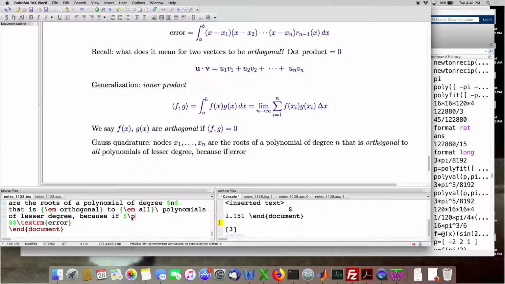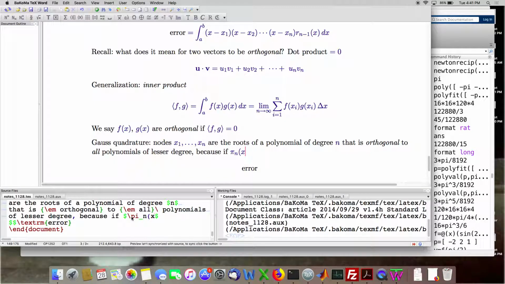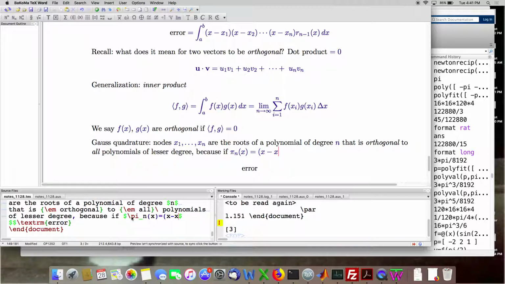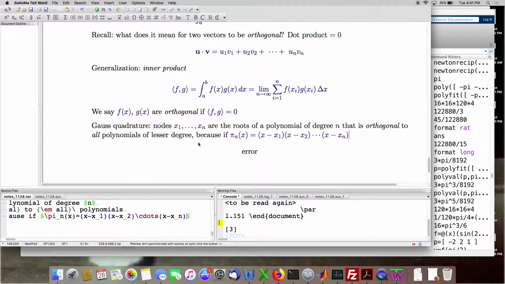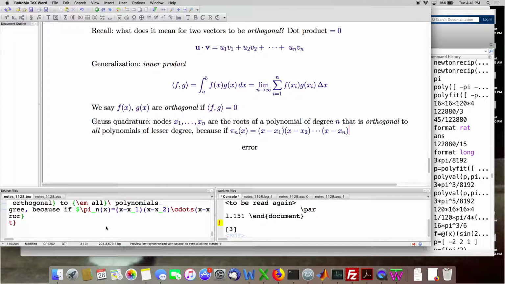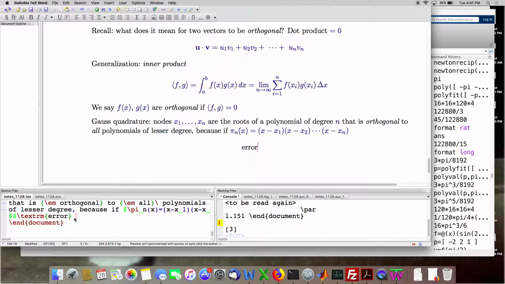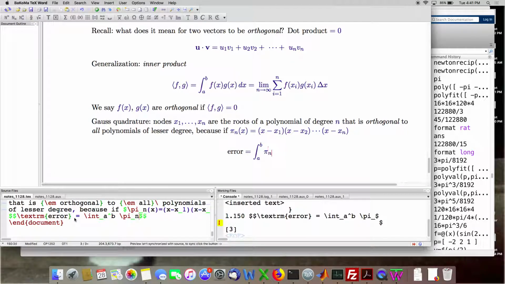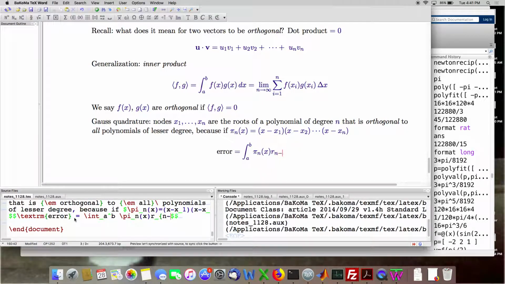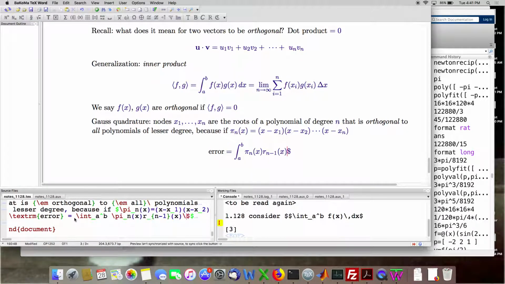If I define this polynomial, pi n of x, to be the product of its linear factors, just for shorthand, then the error in our Gauss Quadrature rule is equal to, well, that's already known to be the integral of those linear factors times Rn minus 1.